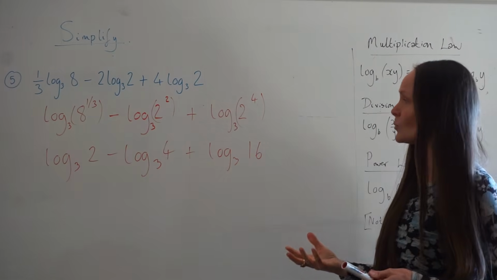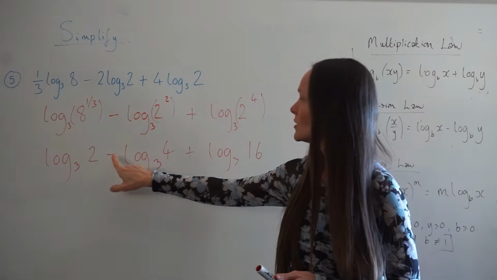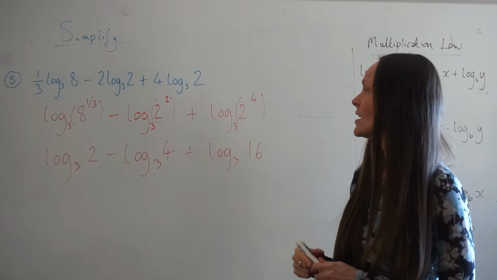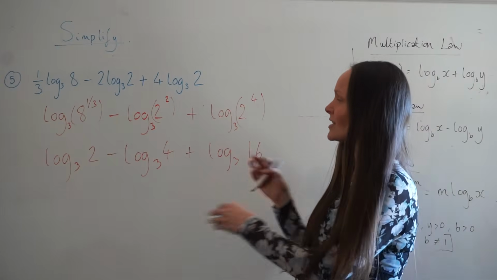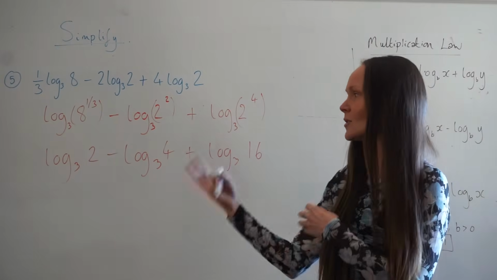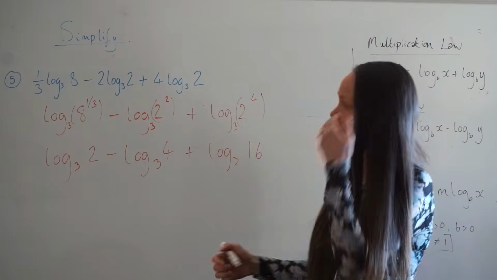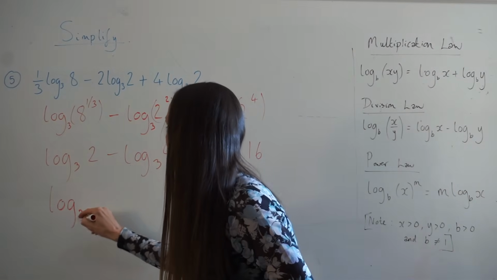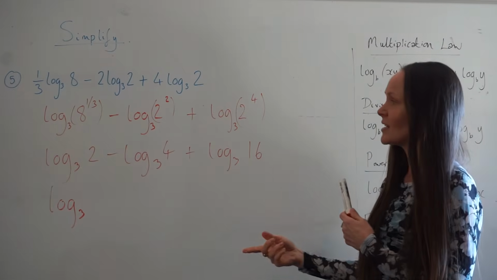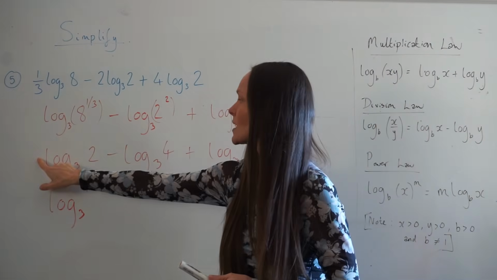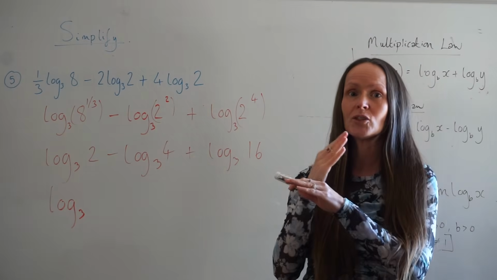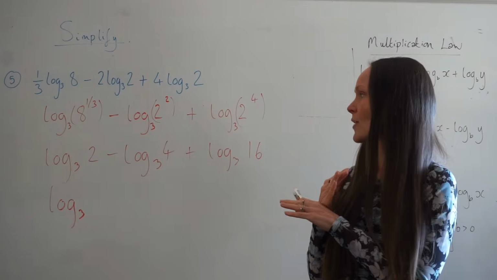Next we're going to be using the division law and also the multiplication law. I've changed the order this time, so we have the negative at the front, so it's a bit different to the last question. I'm going to start by writing down log base 3. Remember what I said in the last question: the logarithms that are positive are going to be the numerators, so you're going to be multiplying them together in our fraction.